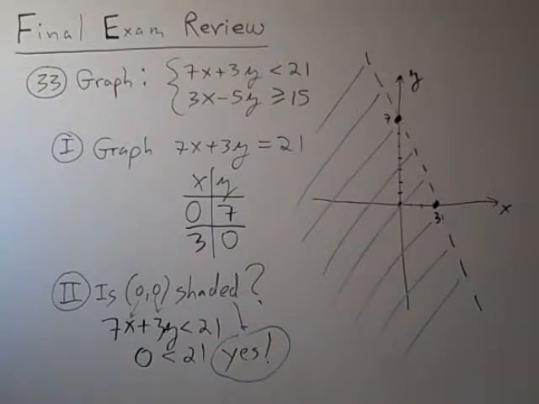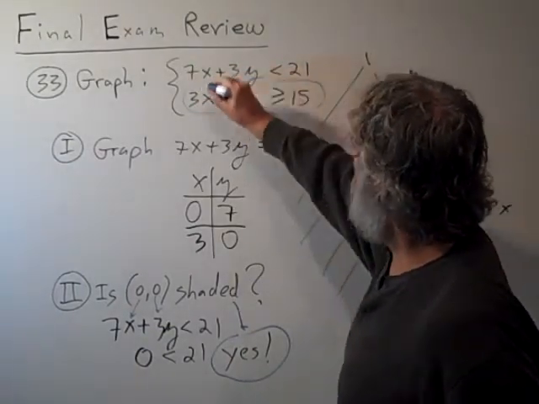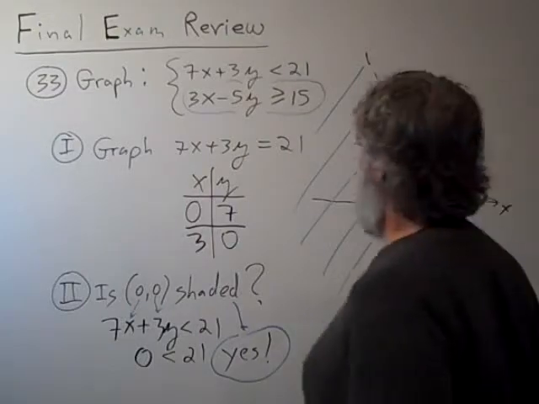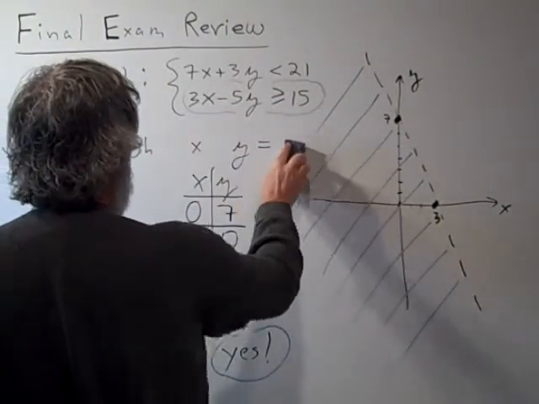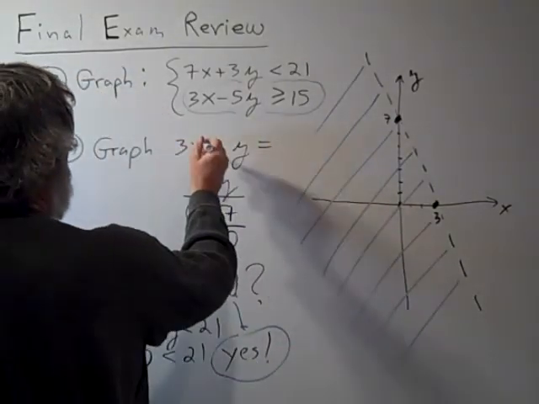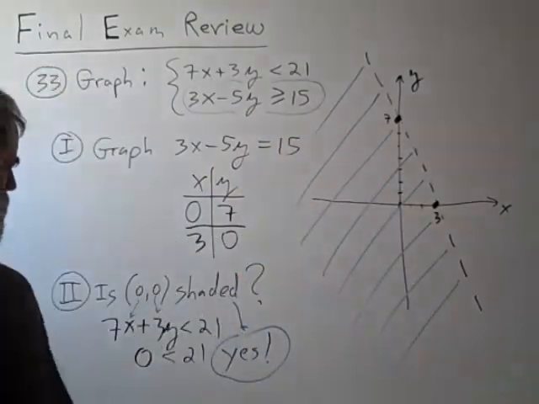And now we have to do the same two-step process for the second of our 2 linear inequalities here. So we do the same thing again. With 3x minus 5y greater than or equal to 15 here, graph this line, equals 15.